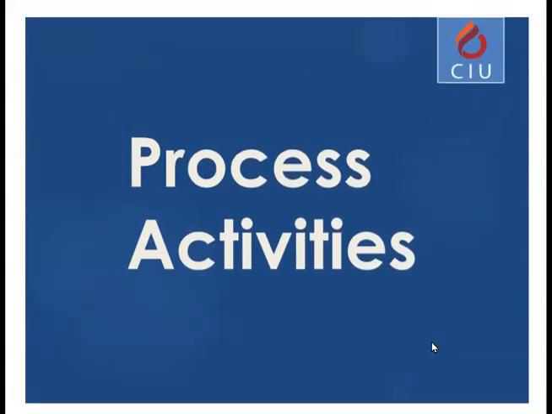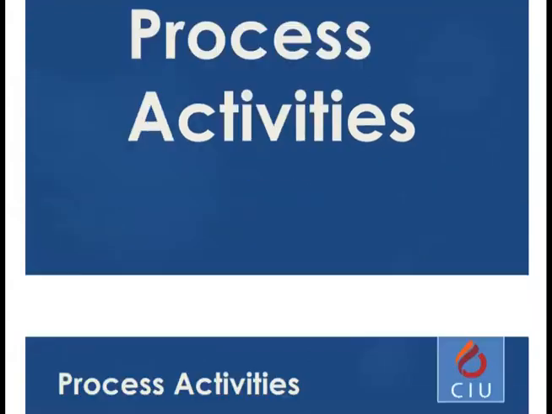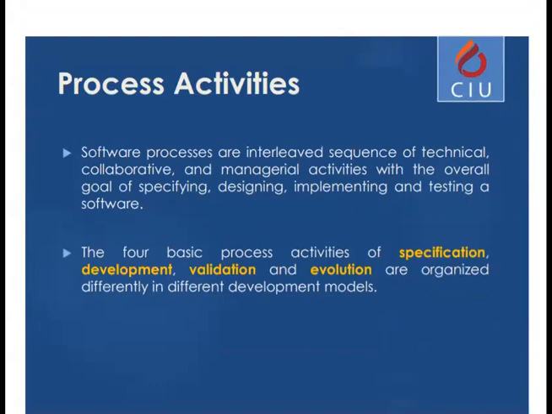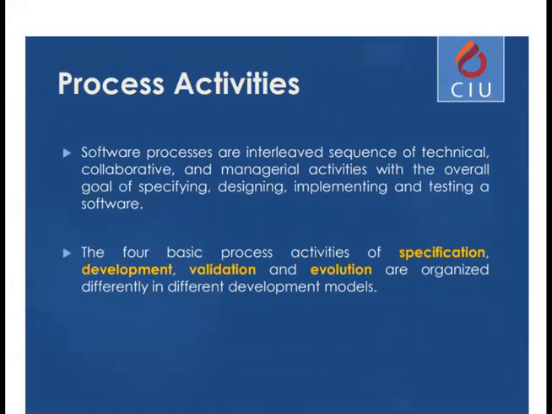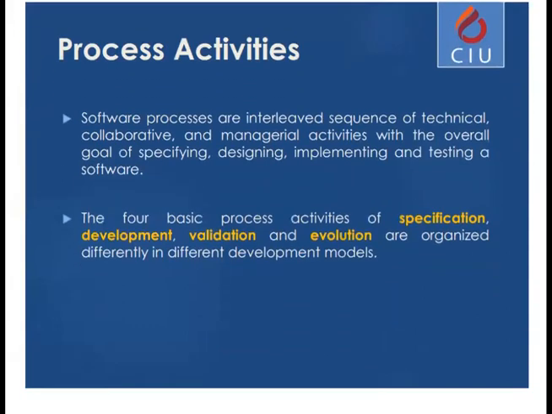Today I'm going to talk about the process activities, which concern all the software process activities that we discussed in the last lecture. If you remember, these were the specification, the development, validation, and evolution. These are the process activities that should exist in every single software development model.